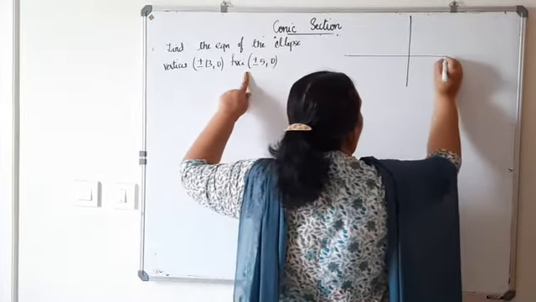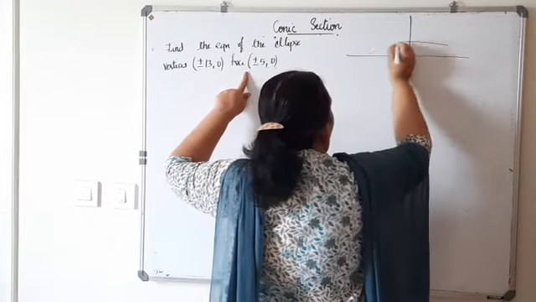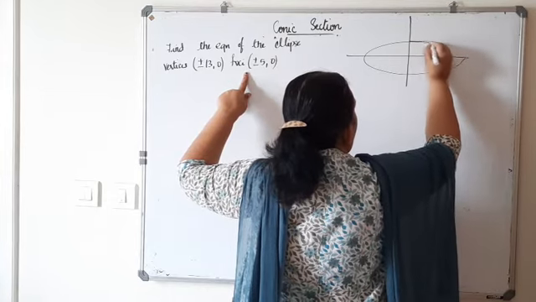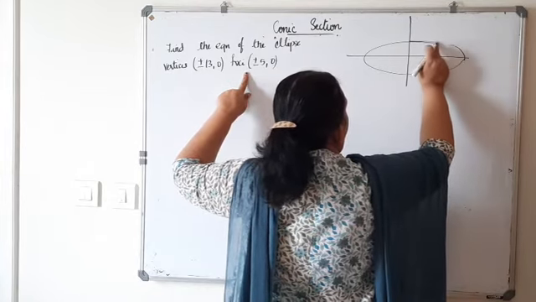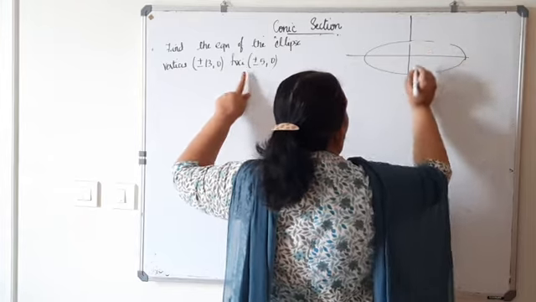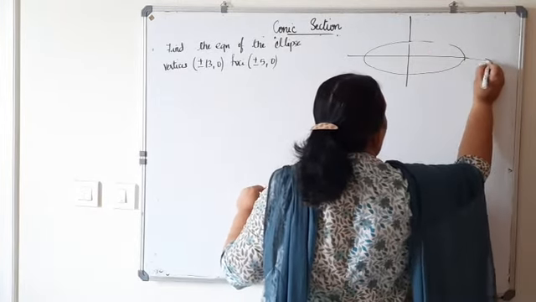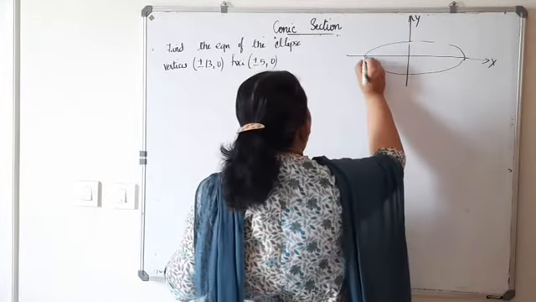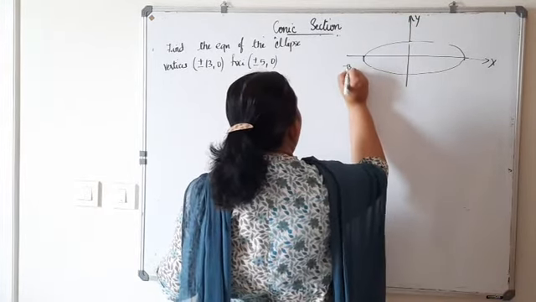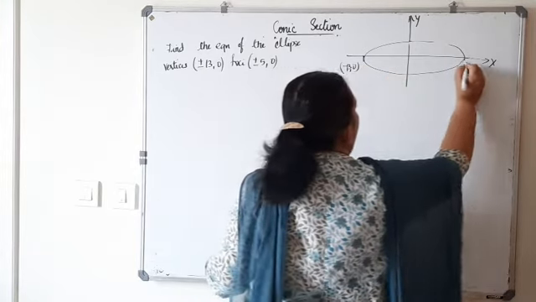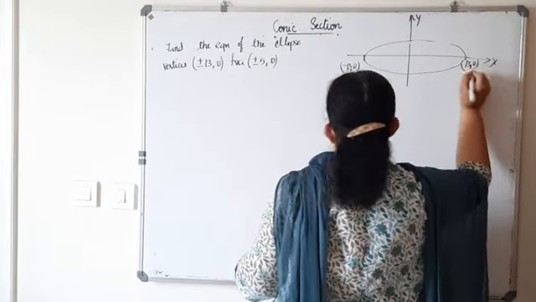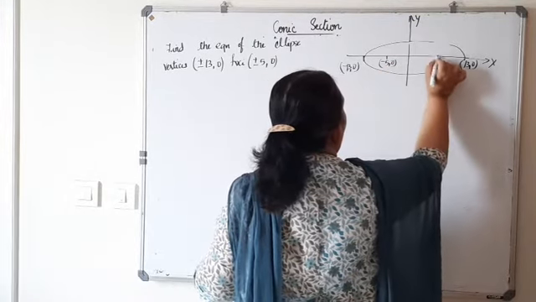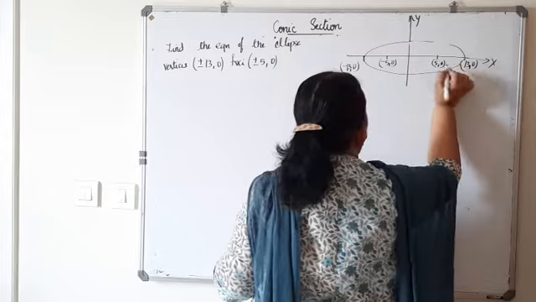So the major axis is on the x-axis. Vertices minus 13, 0, 13, 0, foci minus 5, 0, 5, 0.